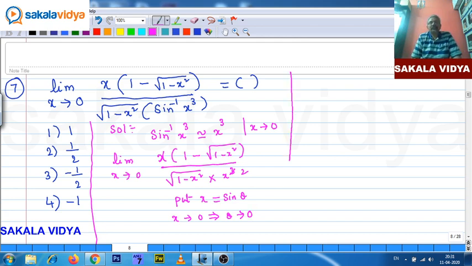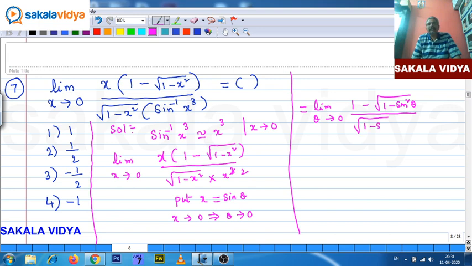So this we can write like this now: limit theta tends to 0, 1 minus root of 1 minus sine square theta upon root of 1 minus sine square theta into x square, which is sine square theta.